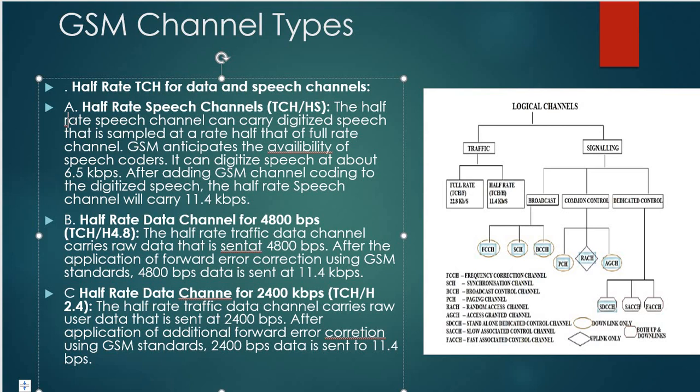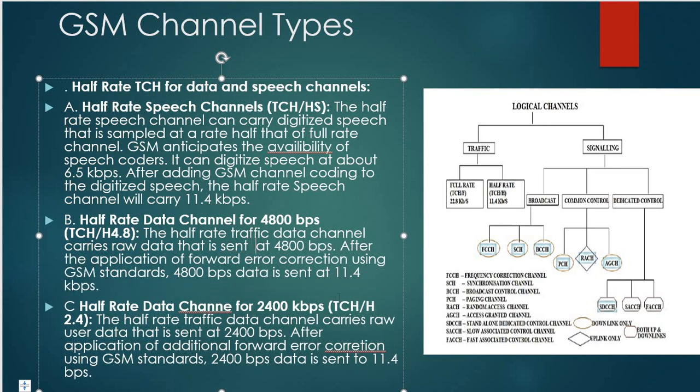In the half rate data channel of 4800 bps, the half rate traffic data channel carries raw data that is sent at 4800 bits per second, and after the application of forward error correction using the GSM standard, the 4800 bps data is sent at 11.4 kbps.